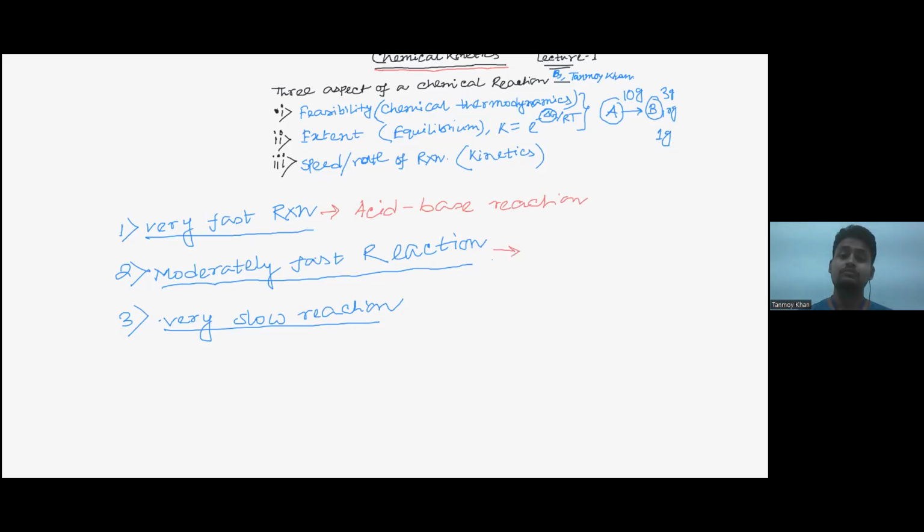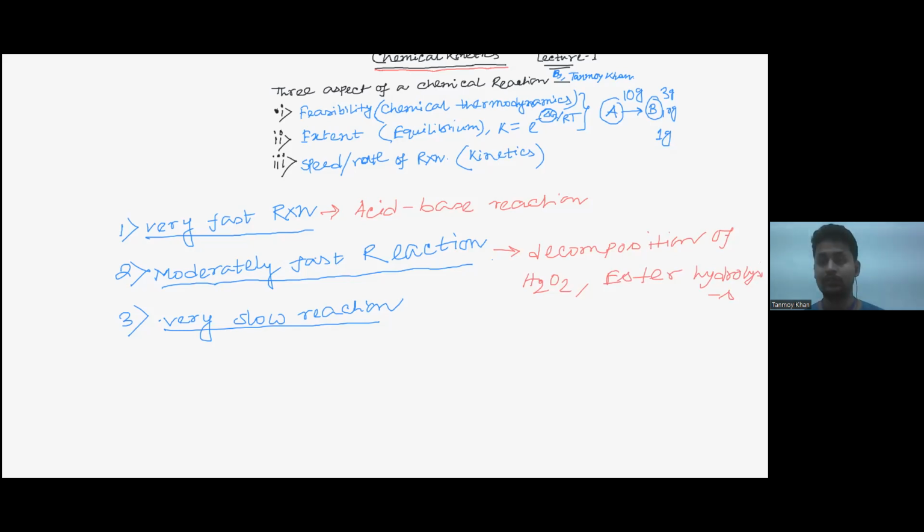Moderately fast reactions are the decomposition of hydrogen peroxide and ester hydrolysis. This is also part of the practical syllabus in BSc chemistry, because this reaction is moderately fast.